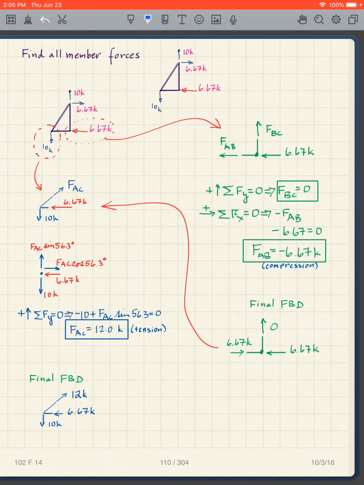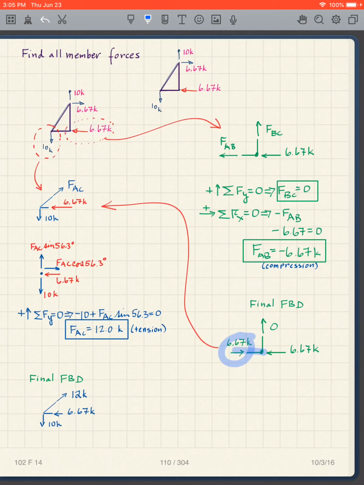That means what? That it's in compression over the entire length. What we're assuming is that the force in a truss member is the same everywhere. So if it pushes with 6.67 on this point, it's going to push with 6.67 on the other point.